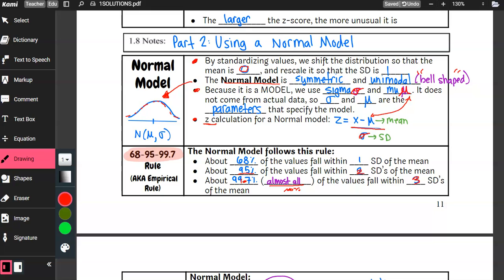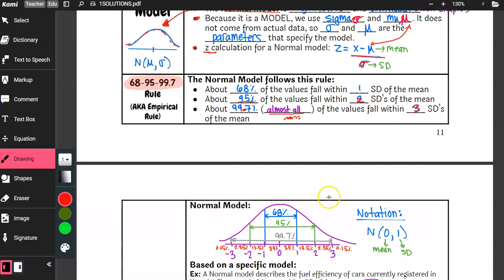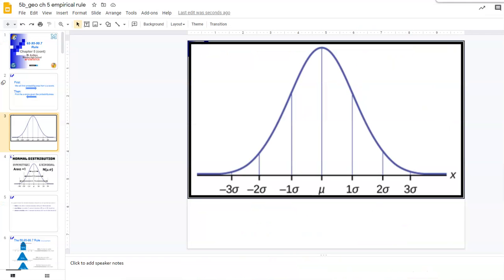We are now going to look at a picture that will help clarify the concept of the empirical rule. Here we see a basic model of this illustration of the empirical rule. I'm going to go over some slides here that tell us more about the empirical rule.